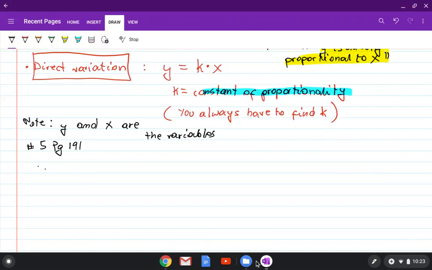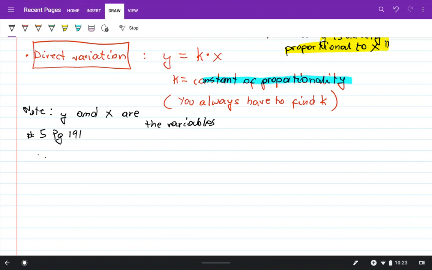Okay. So let me just rewrite it. y varies directly with x. And this is the given information. We know that x is equal to 10 and y is equal to 2.